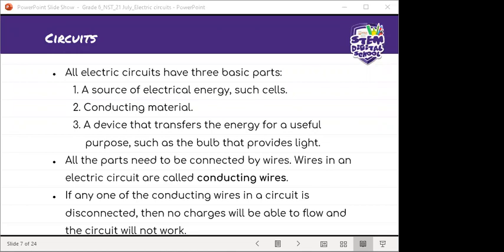Yeah, Sikia in the group says traffic lights use electric circuits to produce light energy to stop traffic jams and help pedestrians cross roads safely. All right.